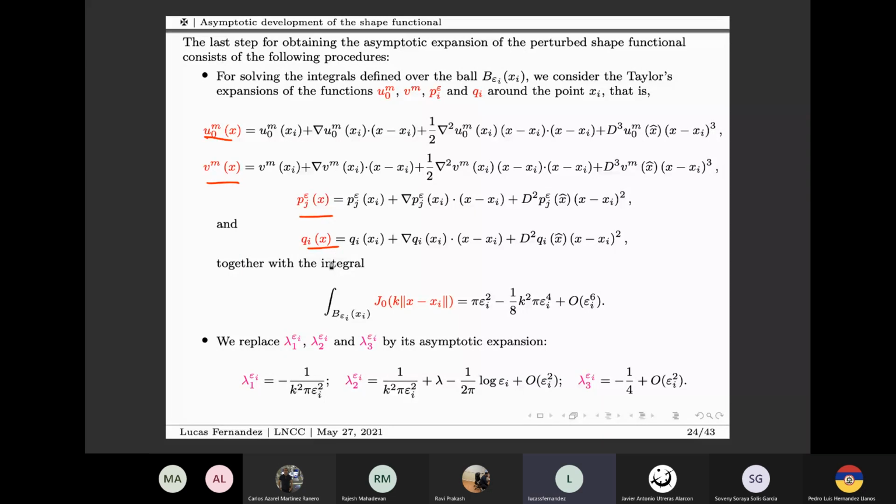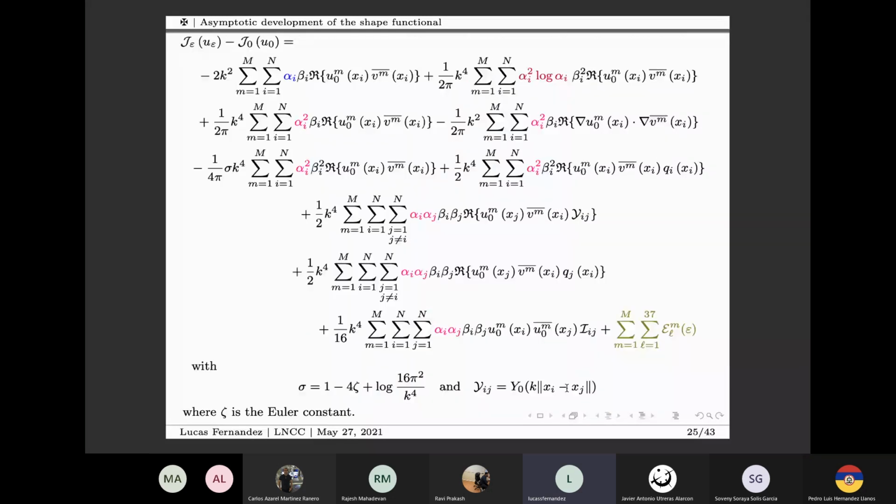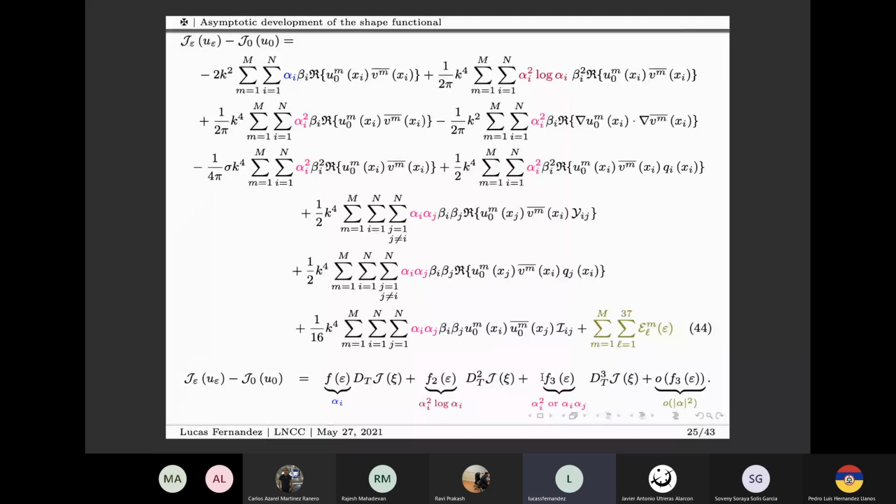And in addition, I also consider the series expansions of the constants lambda 1, lambda 2, and lambda 3. So after considering all these procedures, I'm able to solve those integrals, and I obtain the final form for the asymptotic expansion of the perturbed shape function, okay? So here in equation 44.